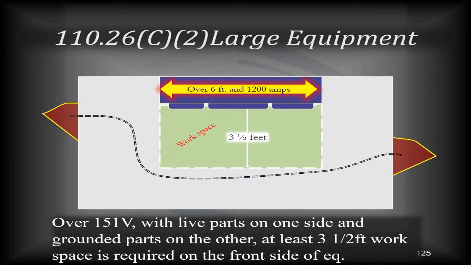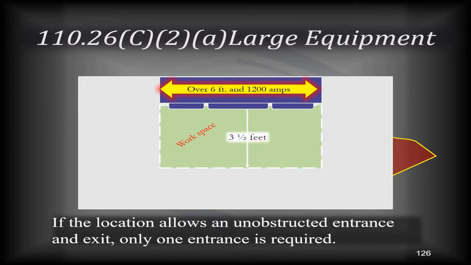And we're talking about equipment that is big. Look at the parameters, 6 feet and 1200 amps. If the location allows an unobstructed entrance and exit, only one method of entrance and egress is required. That's (C)(2)(a).